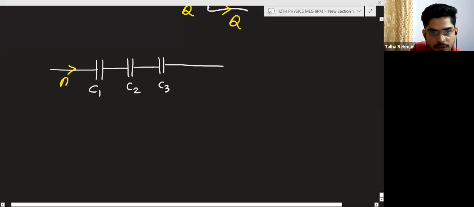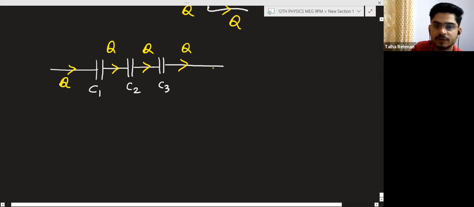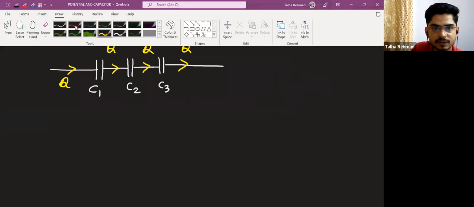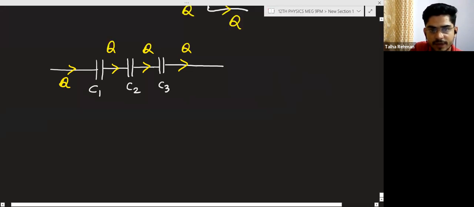Here the charge is the same across each capacitor because there is no branching. If I connect another wire from here, then this charge will divide along these paths.